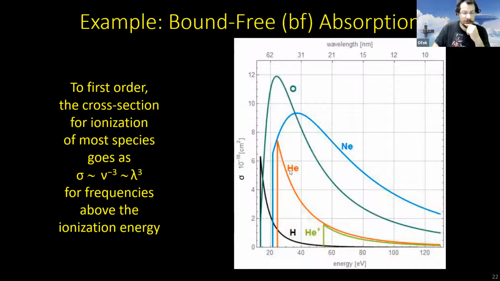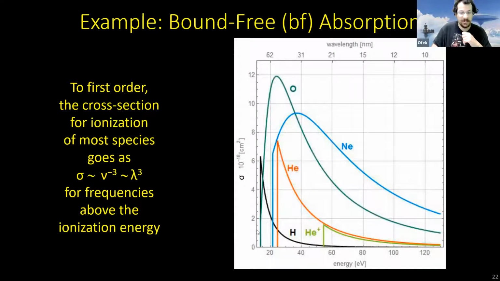That's neutral helium. But basically you see this typical feature, which is nothing until the ionization energy, and then a large jump in cross-section to the maximal cross-section for ionization if you get a photon with exactly the right energy. And then a typical decrease, which goes like the frequency to the -3, or goes like lambda to the 3rd.